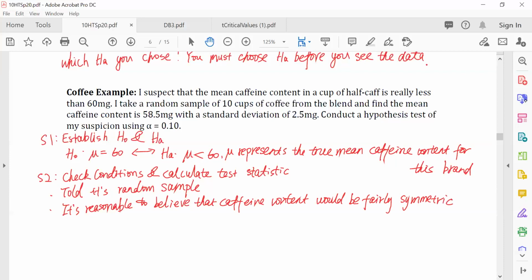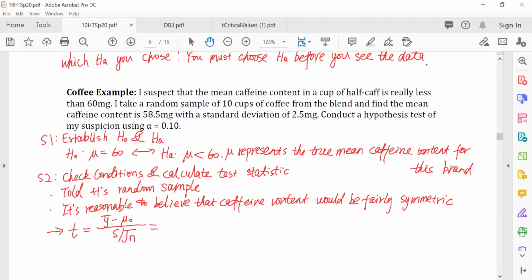So we could go ahead and continue our procedure. So let's calculate the test statistic. The formula is the T statistic equals y bar minus mu null divided by S over square root of n.